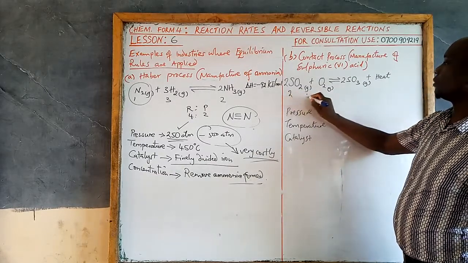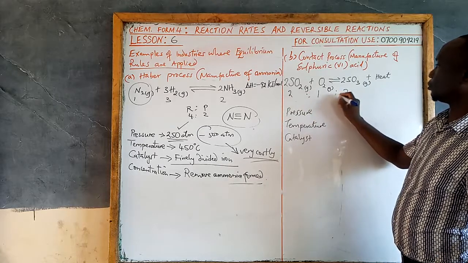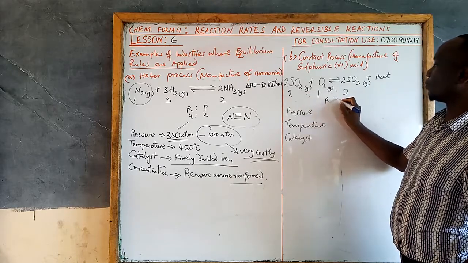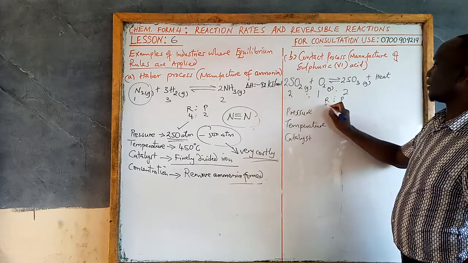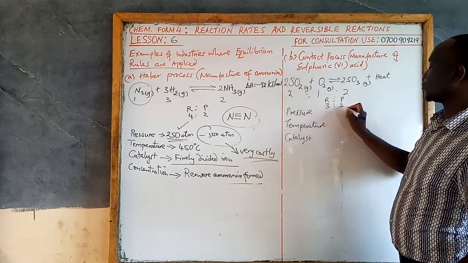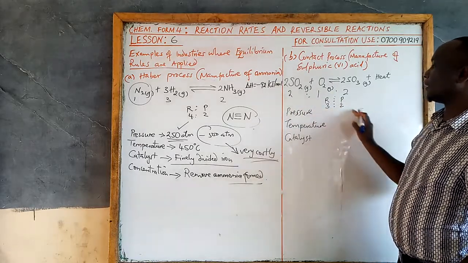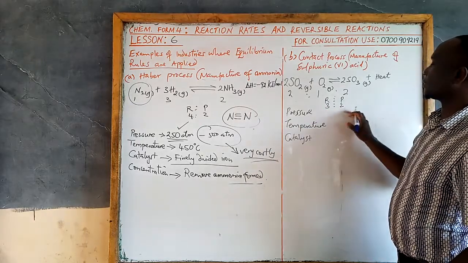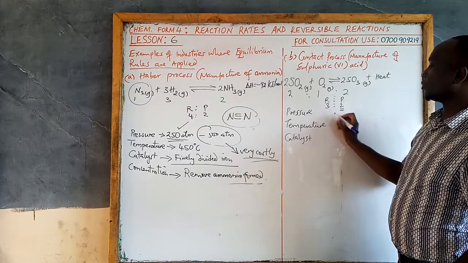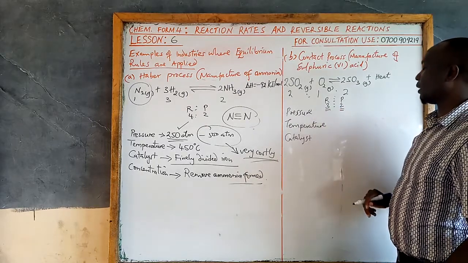This is 2 is to 1 is to 2. So that is total of reactant is to product. We have 2 plus 1, that is 3, is to 2. So here we find that again, just like in the first example, the products have a small mole ratio compared to the reactants.